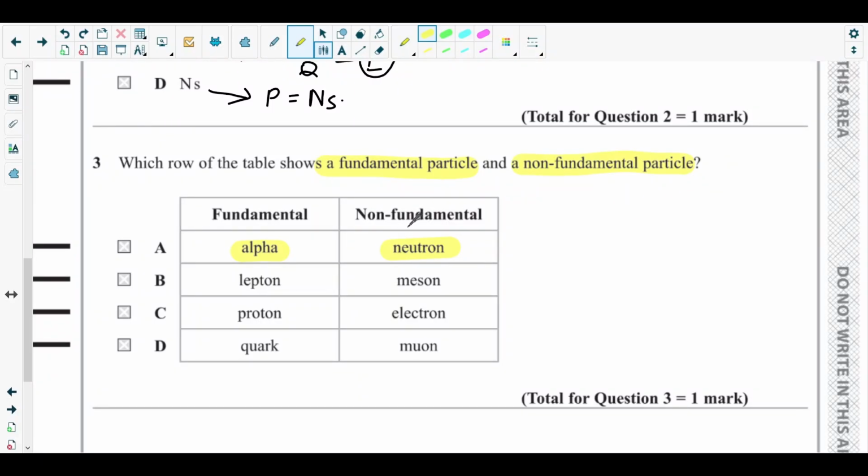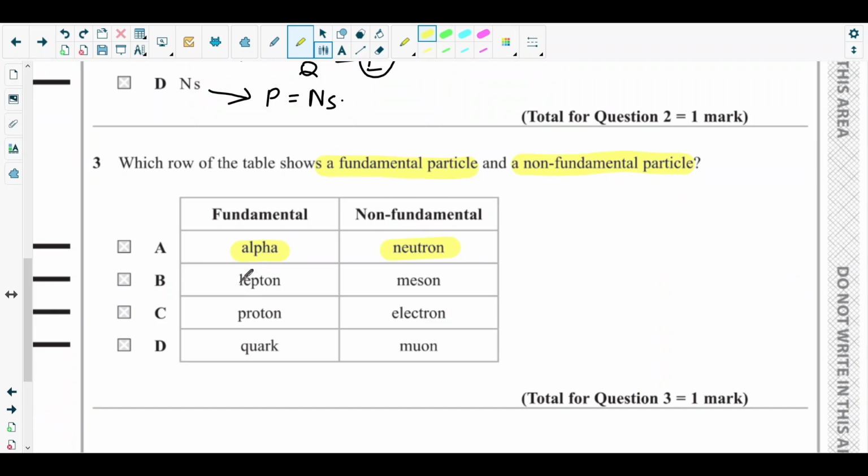If you break an alpha particle, which is a helium nucleus, you will get two protons and two neutrons, its nucleons. So alpha particle is not fundamental.